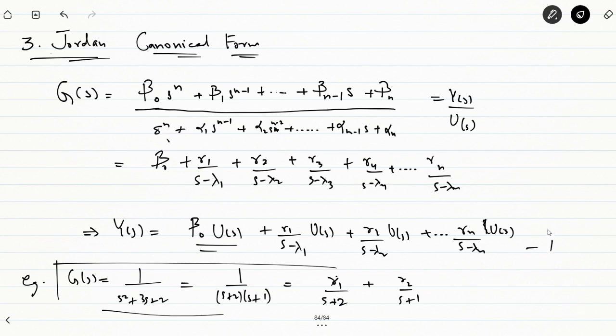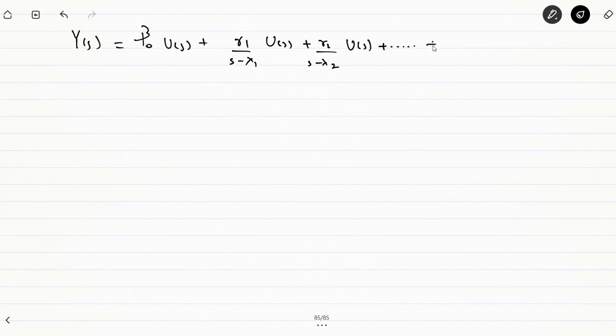So what we'll be doing is we'll now be modeling this equation number 1 using the block diagram algebra. So we have the equation Y(s) is equal to beta naught U(s) plus r1 by s minus lambda 1 times U(s) plus r2 by s minus lambda 2 times U(s), plus so on up to rn by s minus lambda n times U(s).